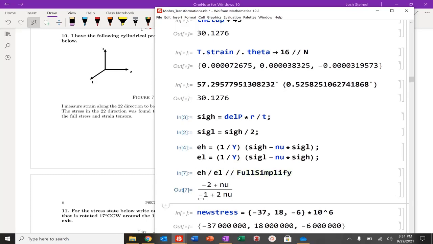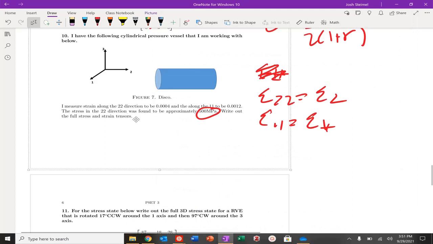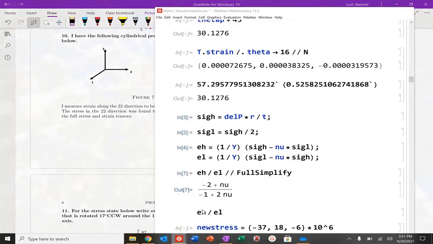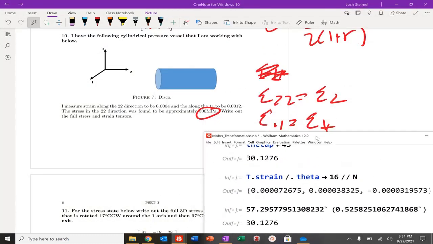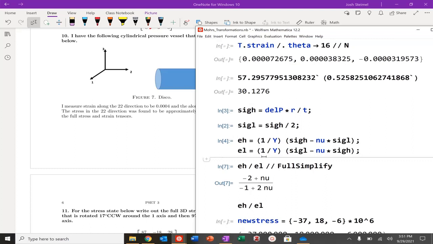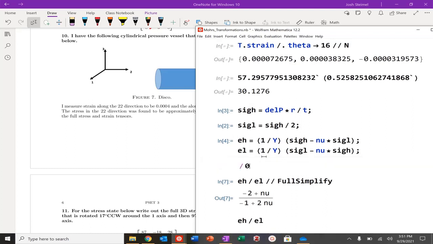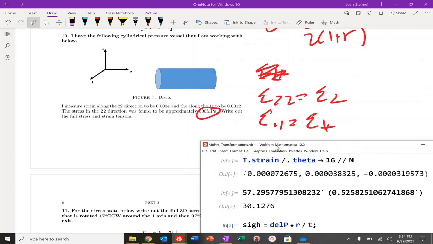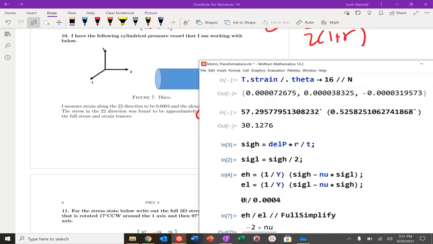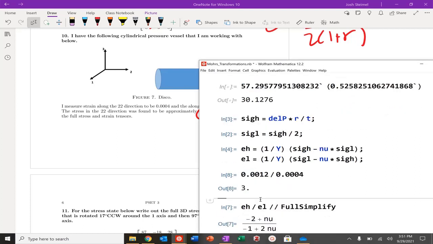So in this problem, I'm told that my EH is equal to, so my 2-2 is my EL, it's 0.44. So I have something divided by 0.0004, and this is 0.0012. So this is 3.